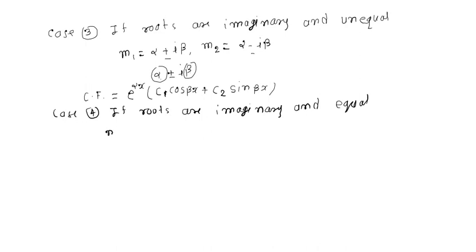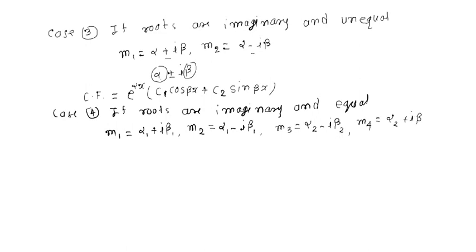Consider m1 equal to the first root alpha 1 plus i beta 1, second root m2 equal to alpha 1 minus i beta 1, these are complex conjugates, m3 equal to alpha 2 minus i beta 2, m4 equal to alpha 2 plus i beta 2.